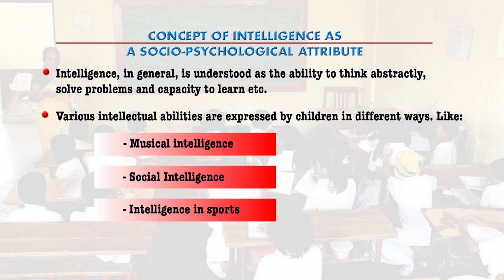Further, intelligence in sports. Many a time you will find that learners are not doing well academically, not doing well in the academic examinations, but they are equally doing well in games and sports. You can take the example of many great sports persons.